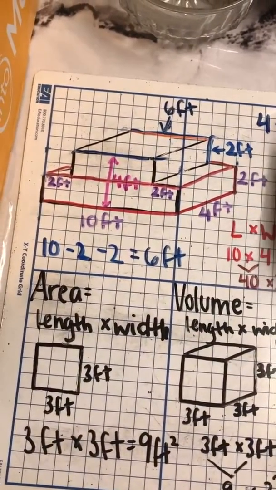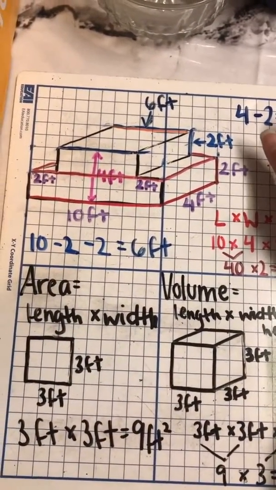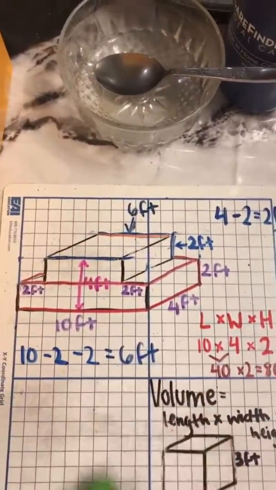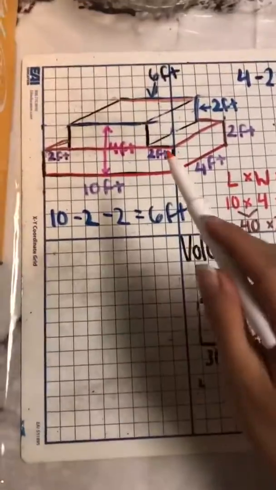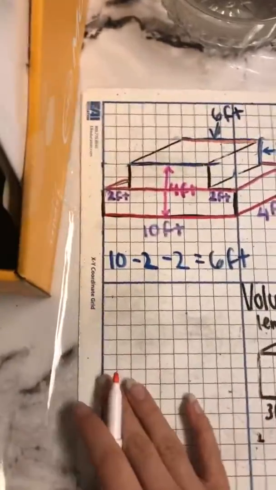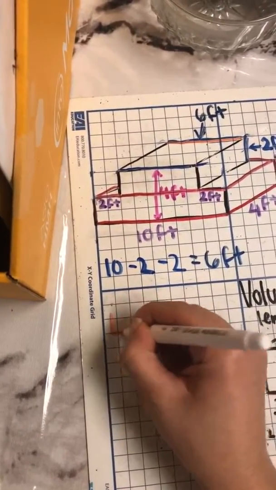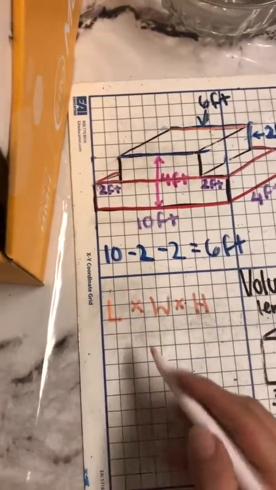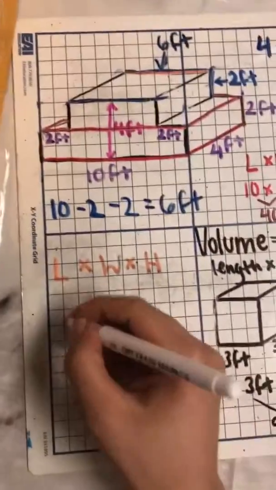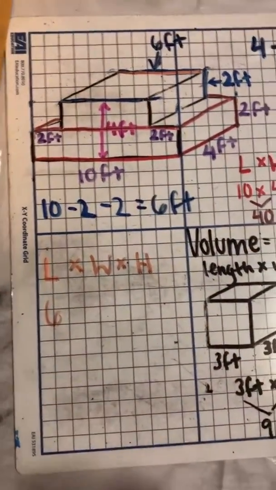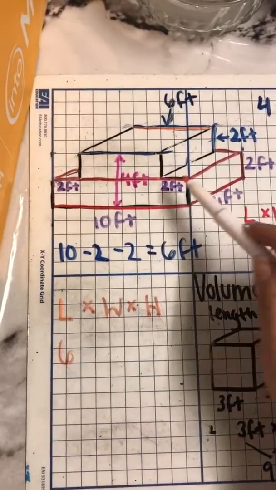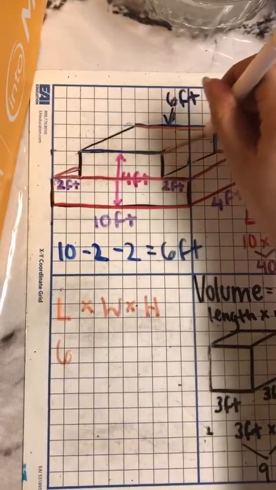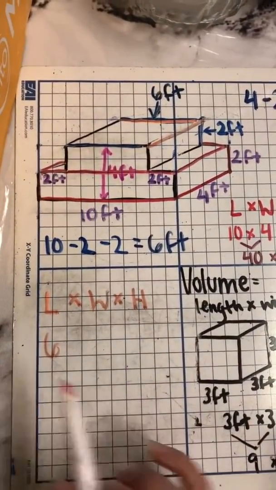I'm going to erase and give myself some room. So now we're looking for the top half of this figure. My length times my width times my height. My length is 6.